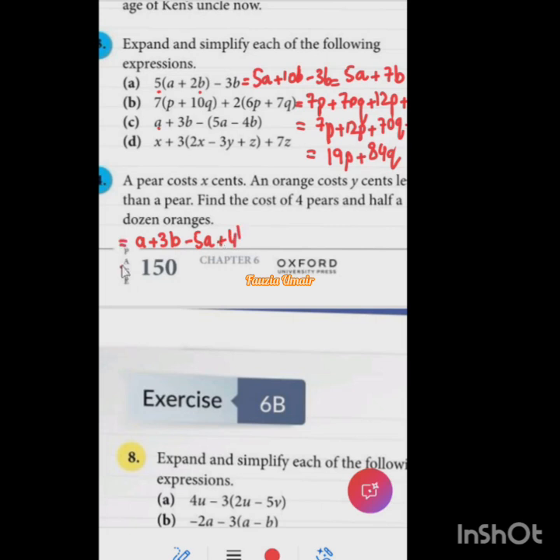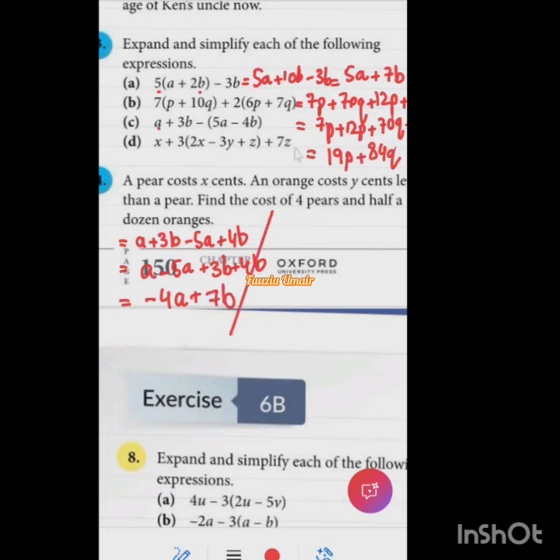So now we will write down the like terms together: a minus 5a plus 3b plus 4b. So a minus 5a is minus 4a, and plus 7b. Very good. So this would be the answer.